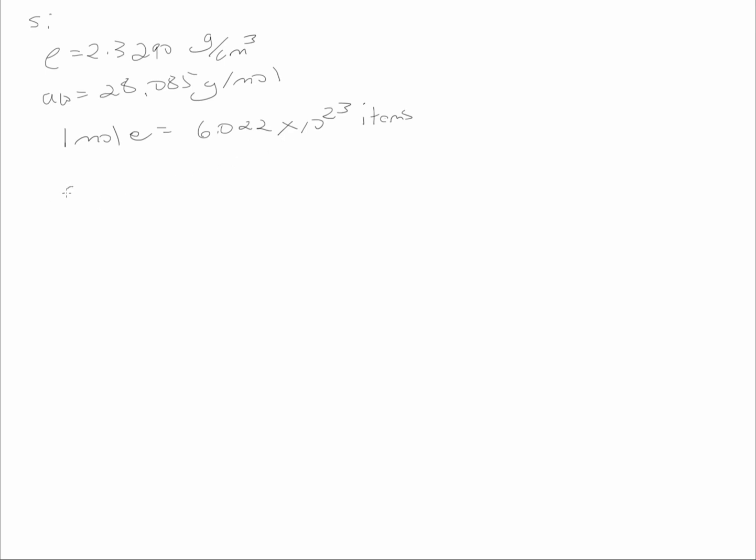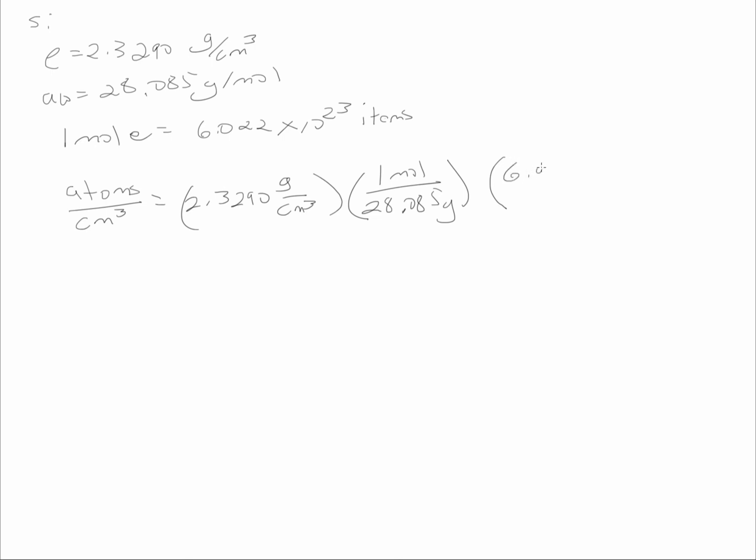And from that, you can calculate the number of atoms per cubic centimeter, which is going to be 2.3290 grams per cubic centimeter times 1 mole is equal to 28.085 grams. And then you have 6.022 times 10 to the 23rd, and we're talking about atoms here, in 1 mole.